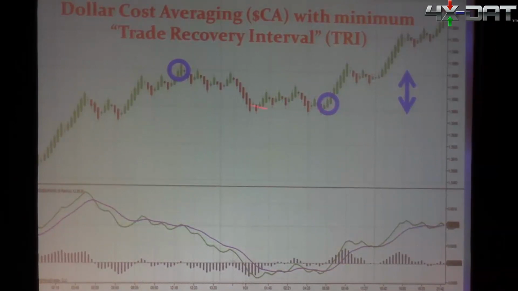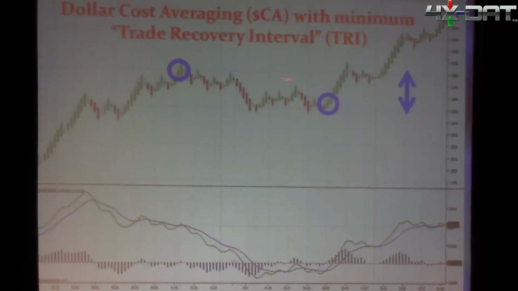So the average cost of this combined position was right here, the middle price. And you basically break even here.